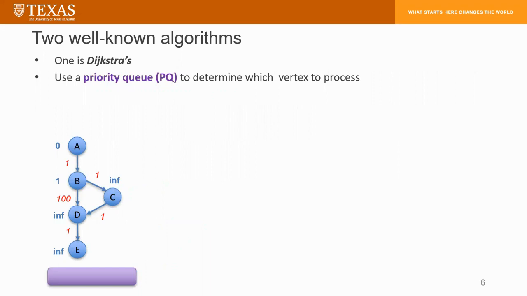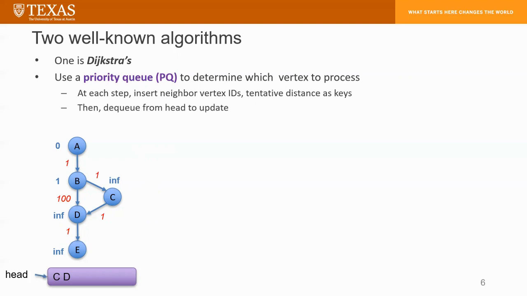And there are two well-known algorithms that do this differently. One is Dijkstra. Dijkstra uses a priority queue to determine which vertex to process next. So at each step, we insert neighbor vertex IDs and use tentative distance as keys. For example, here, B inserts its neighbors C and D, and because C has a shorter distance, it will be ordered in such a way.